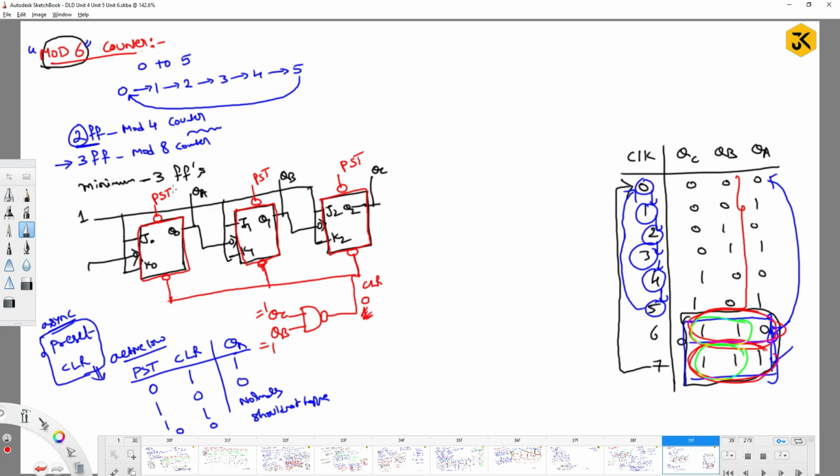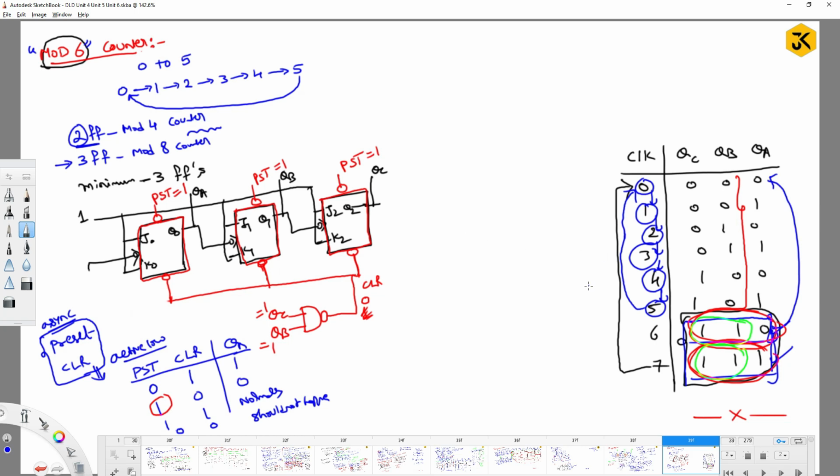Now the values of PST, you have to make them as 1. That's it. Yes. So this is the corresponding mod 6 counter which we can get through the circuit diagram.